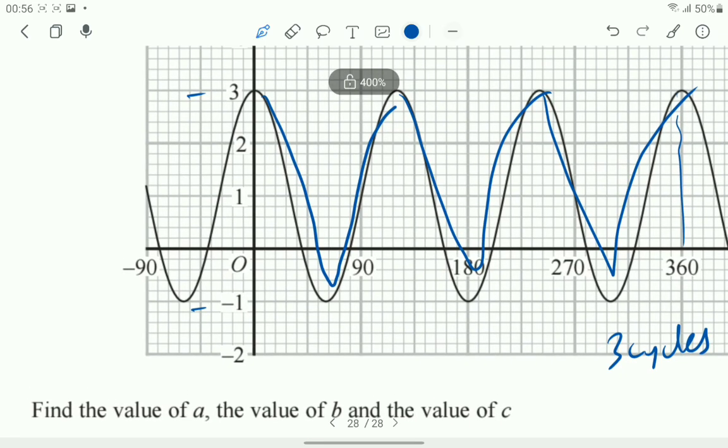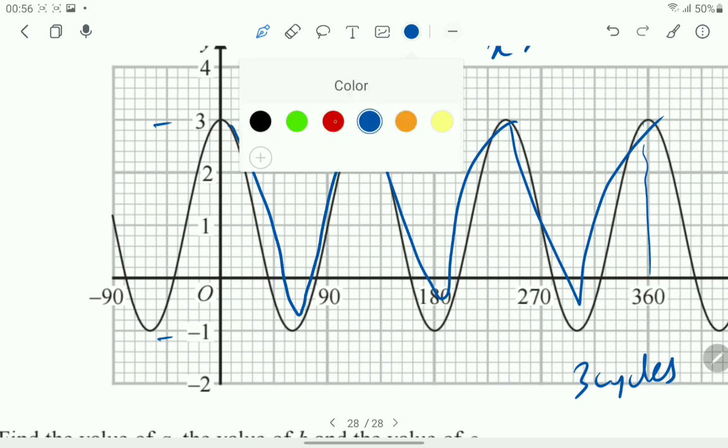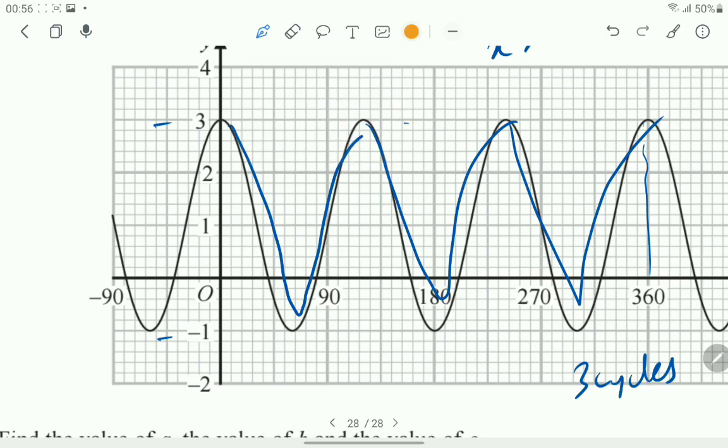And let's see, we can see that if we drew a line at 1, there is an equal distance between these two lines here. So the curve has been moved up 1 unit, and instead of reaching up to 1 and coming down to -1, it is now doubling in its maximum point and minimum point.